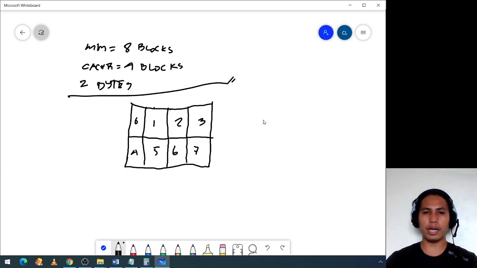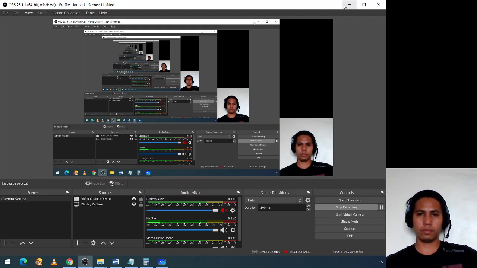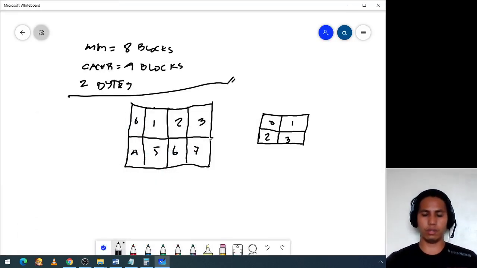And then we also have a cache that is 4 blocks, 0, 1, 2, 3. So this is our main memory and this is our cache.